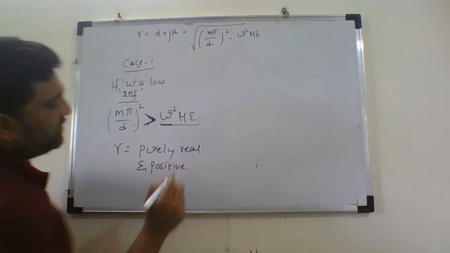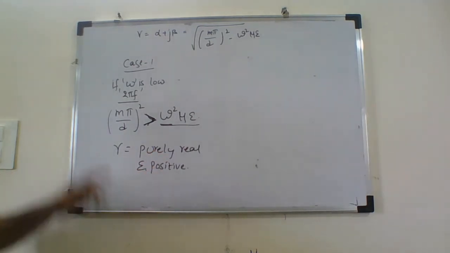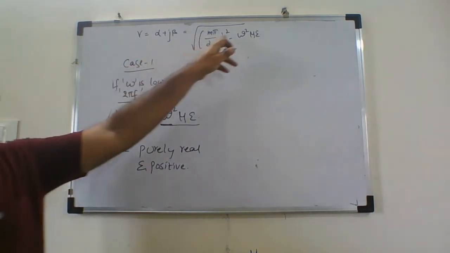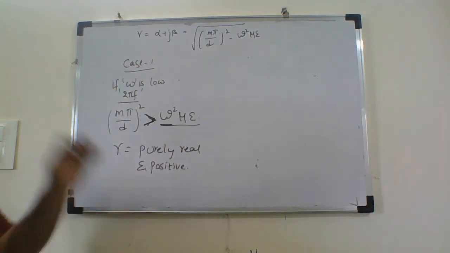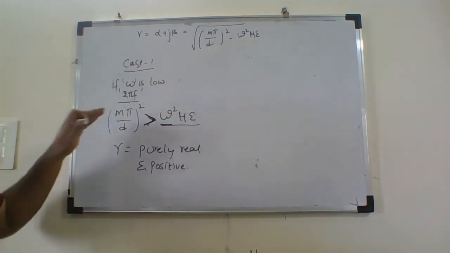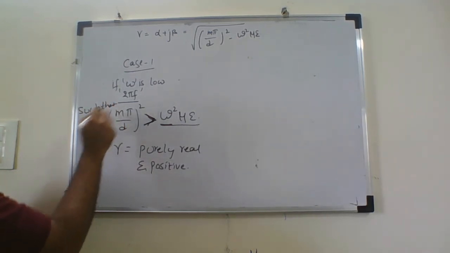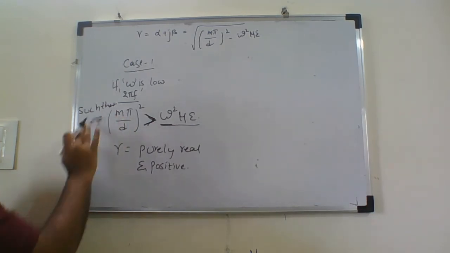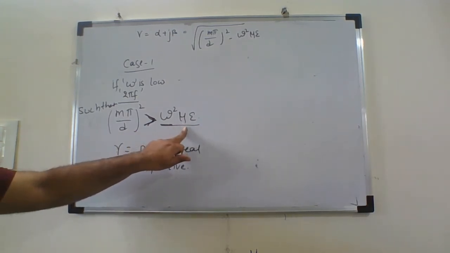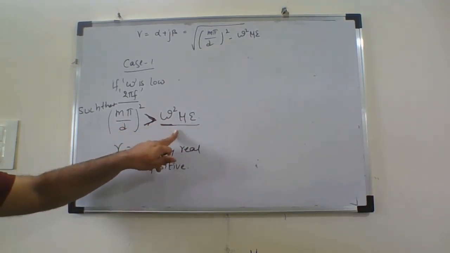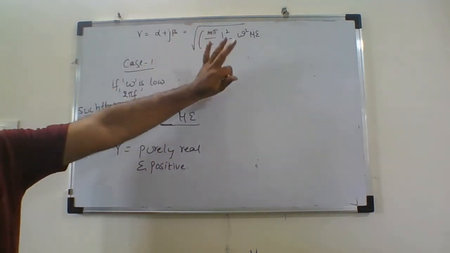So if the angular frequency omega is a small value, such that m pi by d whole square is more than omega square mu epsilon, then the gamma value will be purely real and positive.